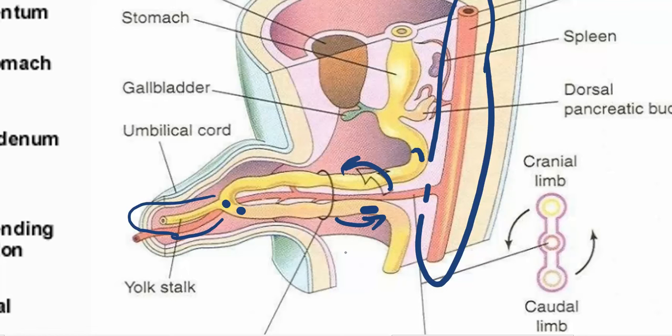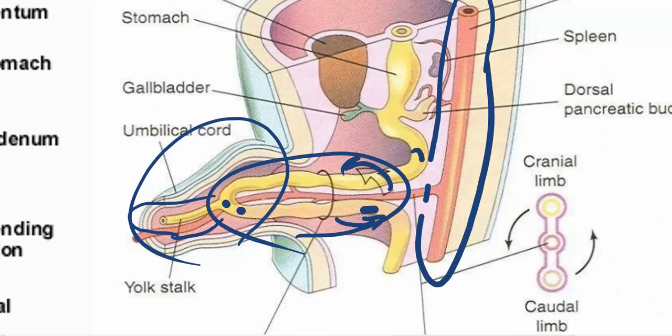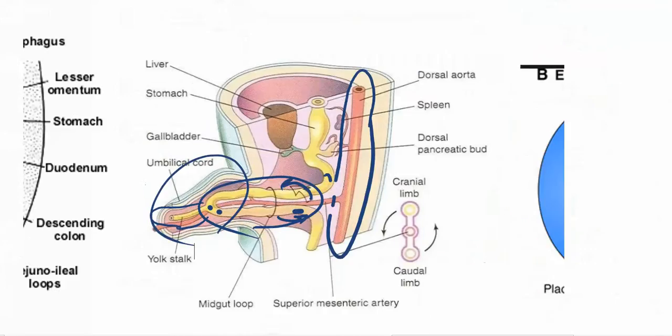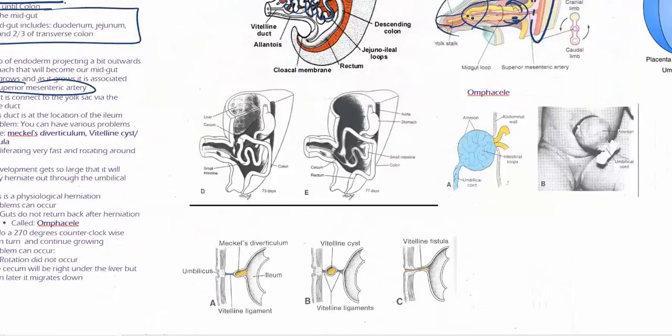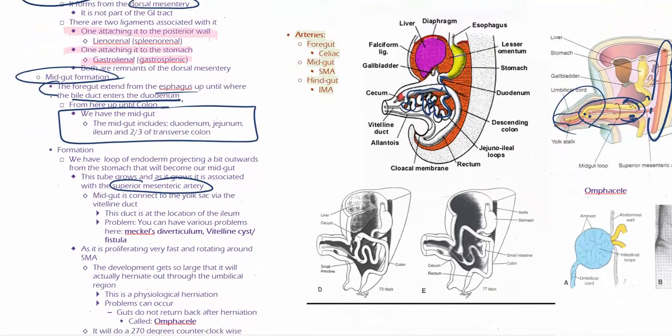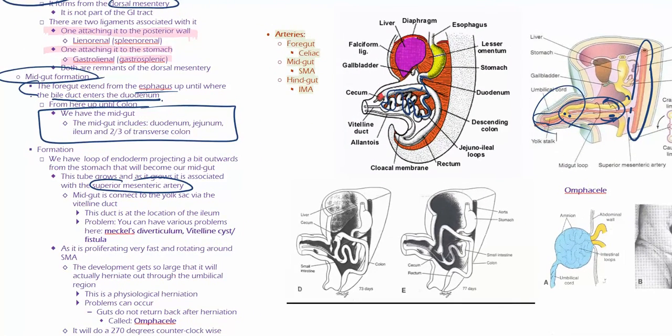Now what happens is that it proliferates so much that it starts to herniate through the umbilical cord. It starts to herniate through here, right? And then after a while, as it herniates, it's actually going to return back into the body wall.